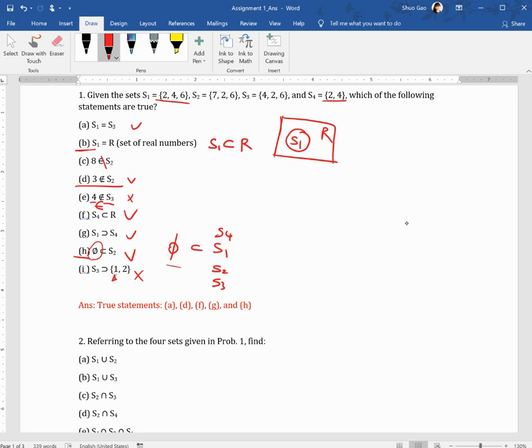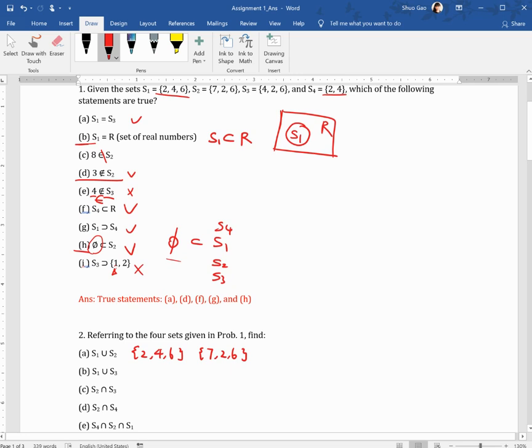So for S1 union S2, in S1 there's 2, 4, and 6. In S2 we have 7, 2, 6. We take all the elements together. So all the elements here are 2, 4, 6, and 7. So this should be the answer.